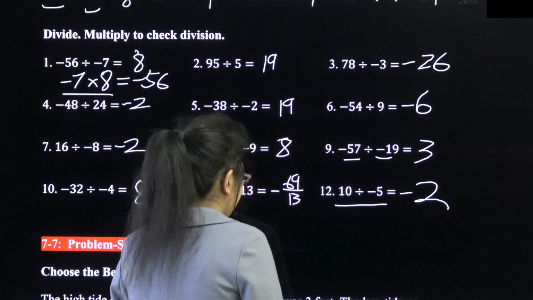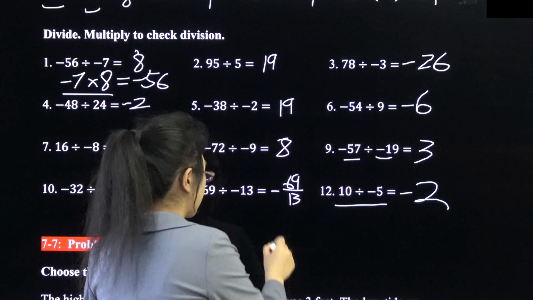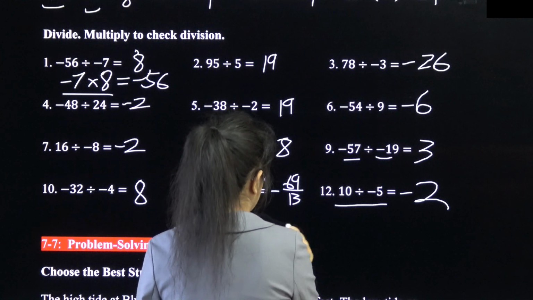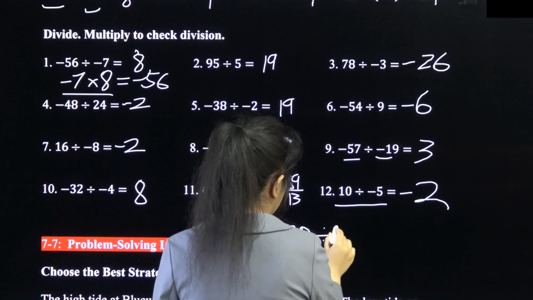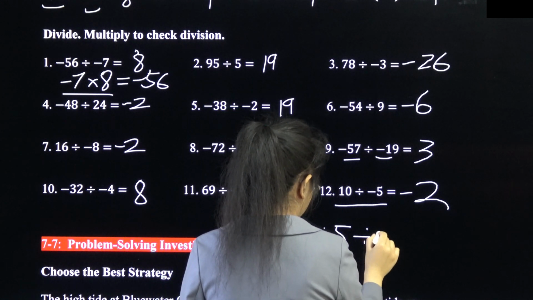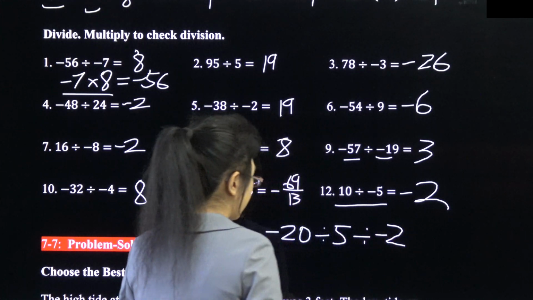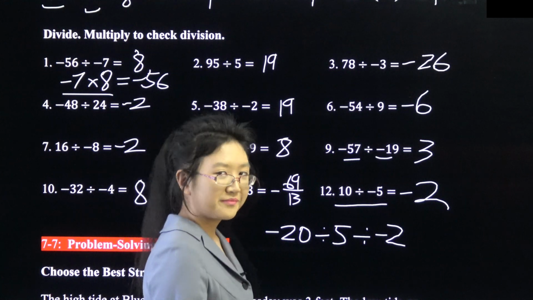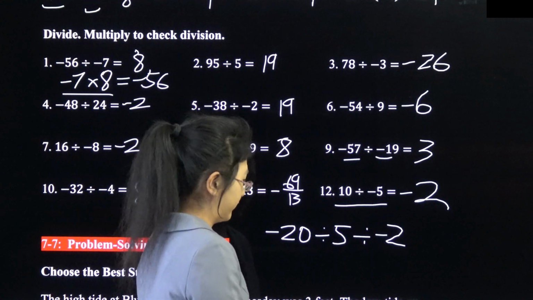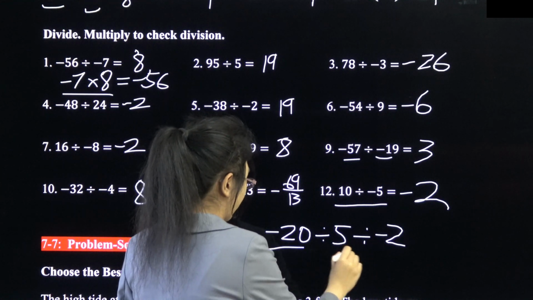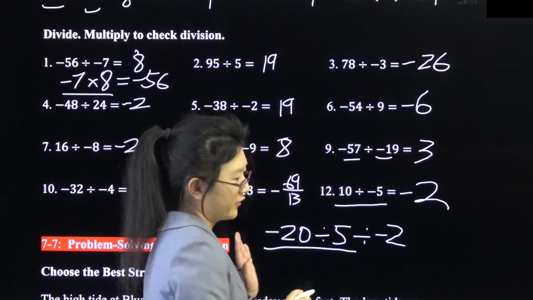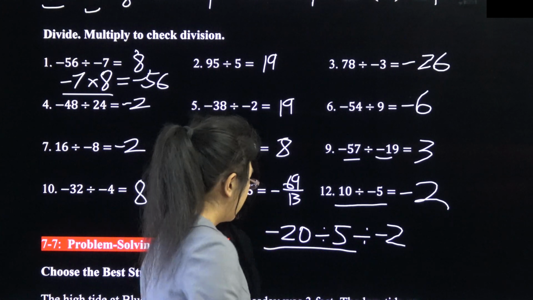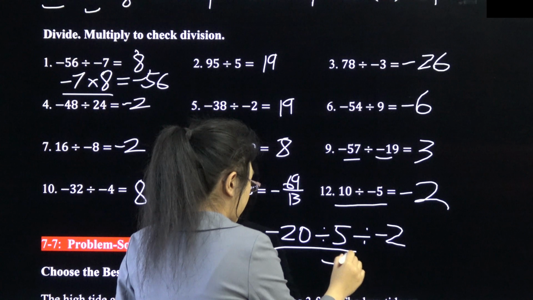Now, of course, if it's something like negative 20 divided by 5 divided by negative 2, I'm just going to tell you this, but the answer is going to end up as positive. Because negative 20 divided by 5, order of operations, we go from left to right, is equal to negative 4.